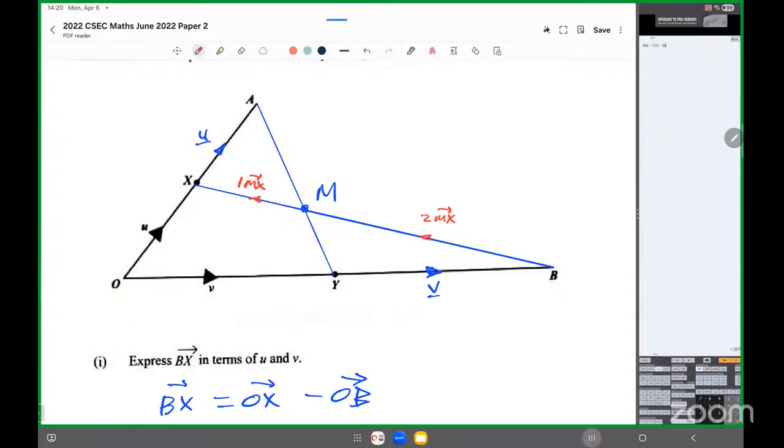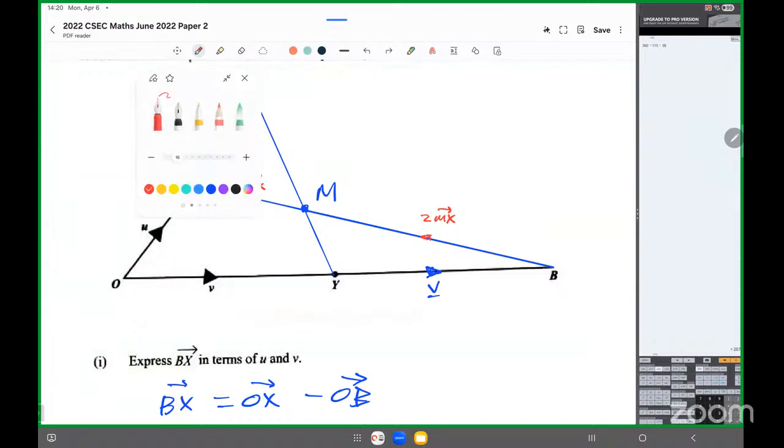It means that the whole line is in the ratio 2 to 1. So this piece is 2/3 of BX, and this piece is 1/3 of BX.